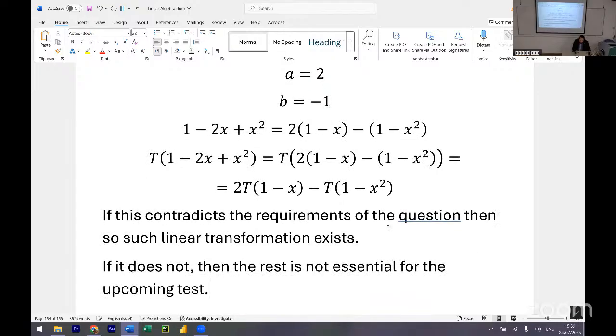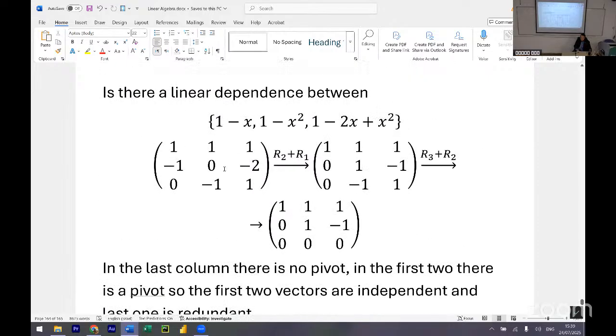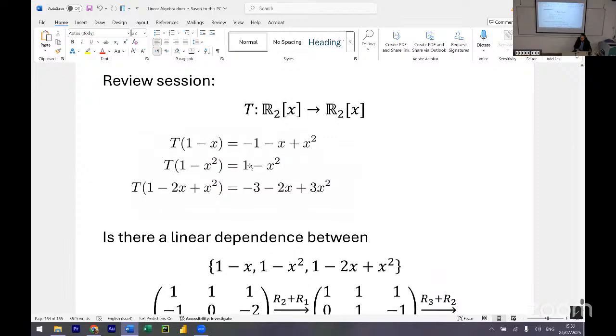I won't say it's not essential for linear algebra, to be honest, but I'm not here to teach you extra material. I'm preparing you for the test. So if there is no contradiction, you take the base, you add another vector to complete the base, and then you can say this extra vector I can send to wherever I like, and it works. But let's just make sure if it contradicts or not.